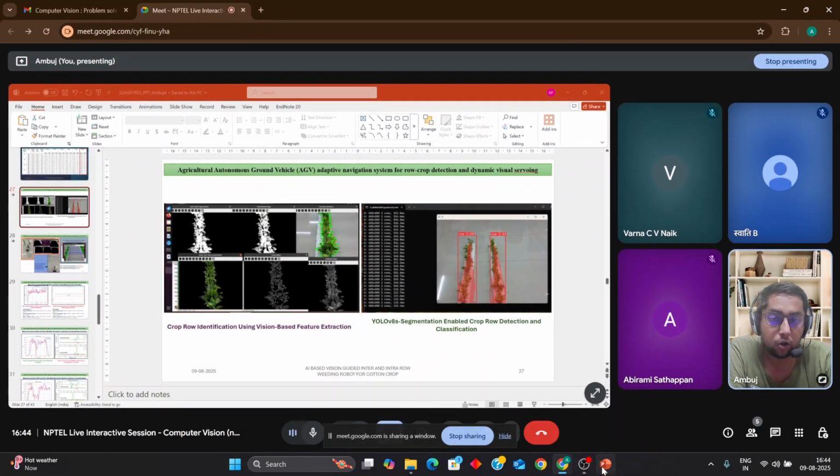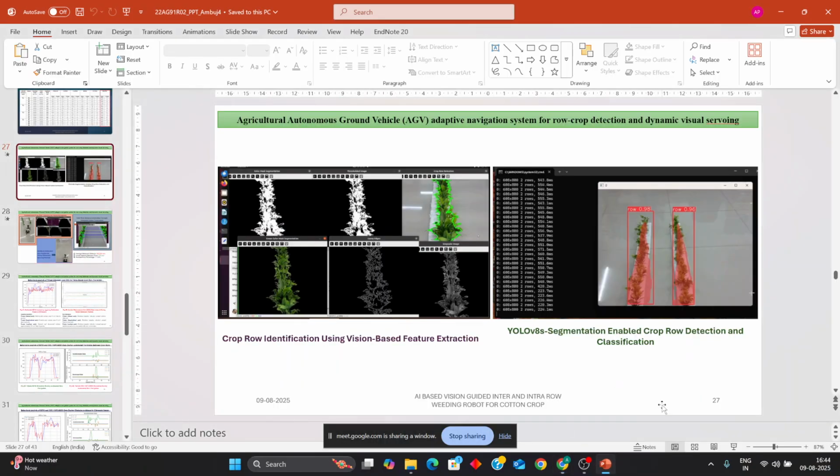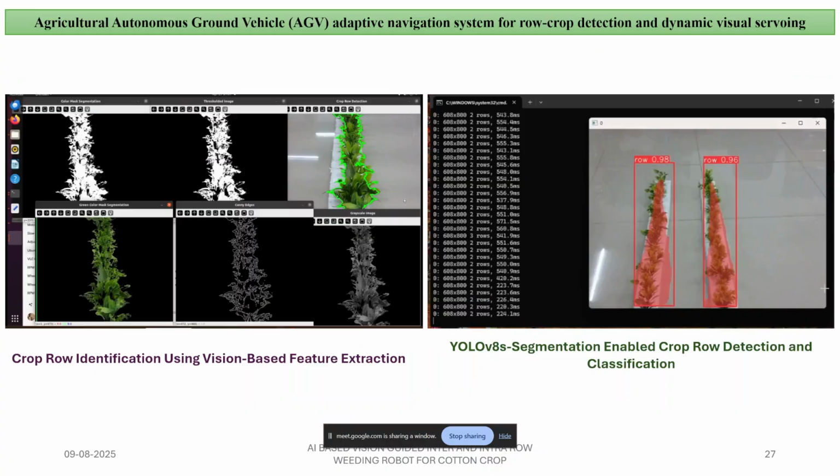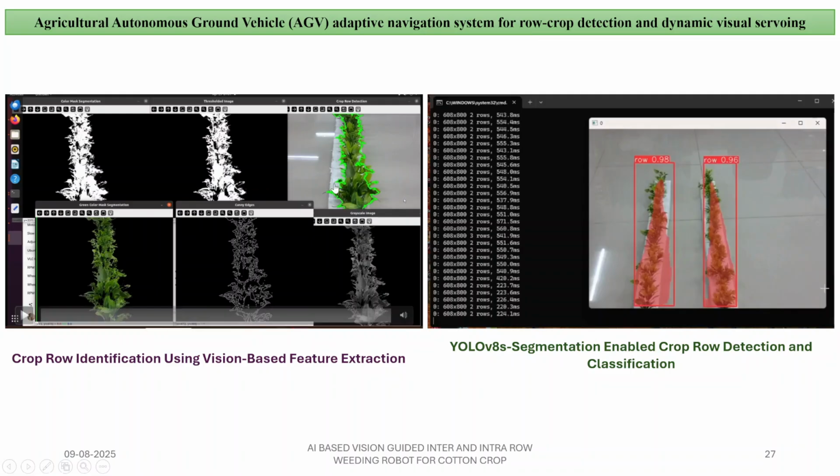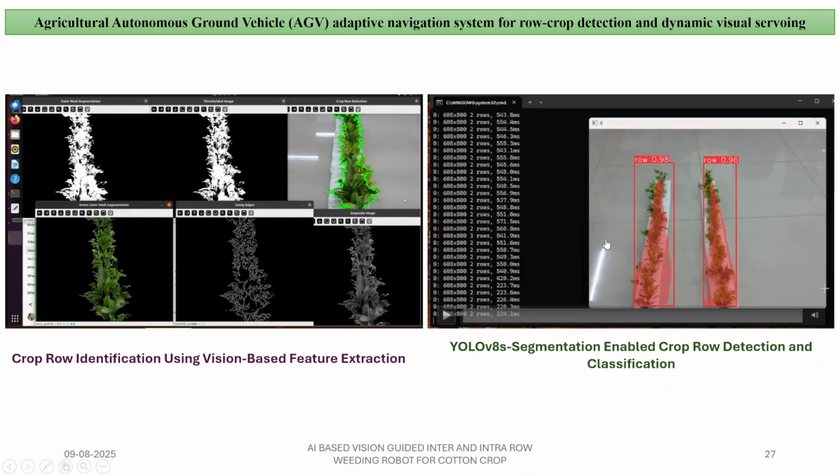Now, if you try to see this particular slide, I'll zoom in for you. The crop row identification which I am doing: I want to navigate the vehicle which I showed you in the earlier slide within these two particular rows of the crops. So first of all, I am identifying the crop rows.